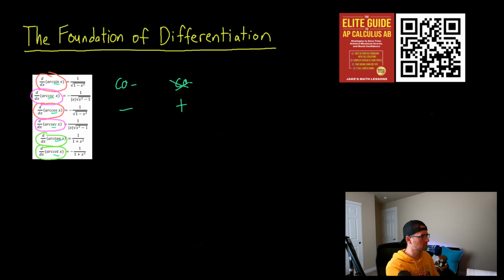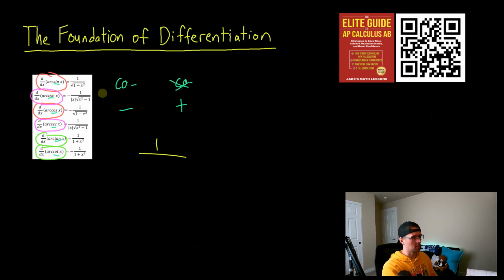Okay. Next, let's talk about how to remember what those 3 derivatives are. So let's talk about arcsine first. Well, actually, before we do that, all of them, you can very clearly see, are 1 over something. They're all going to be in that form generally. So let's start with arcsine.